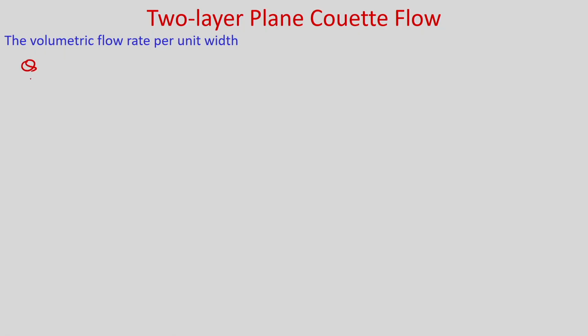So, Q by W we can write in fluid domain A as the integral from 0 to Ha of Ua dy, and in fluid domain B it will vary from Ha to Ha plus Hb of Ub dy. Okay.